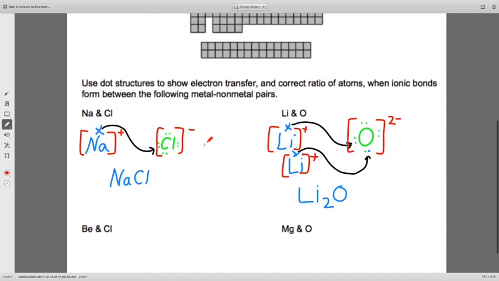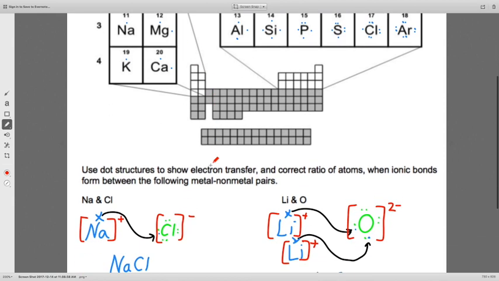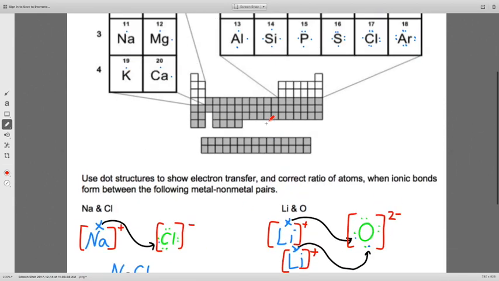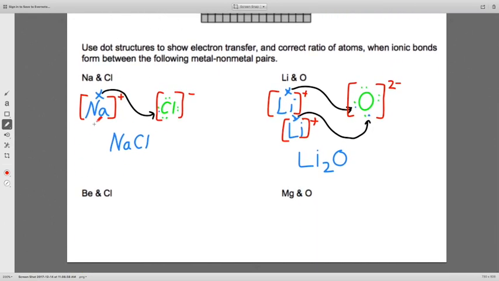Moving on to our last two examples. Beryllium, 2 valence electrons. Chlorine, 7 valence electrons. So let's take a look at what its bonding will look like. Beryllium, 2 valence electrons. Chlorine, 7, 1, 2, 3, 4, 5, 6, 7.